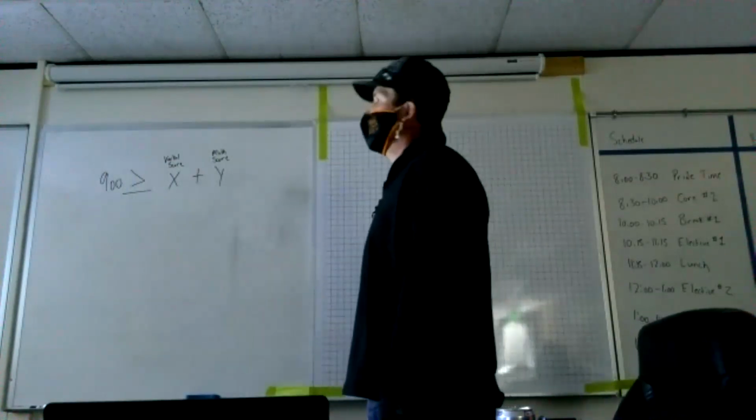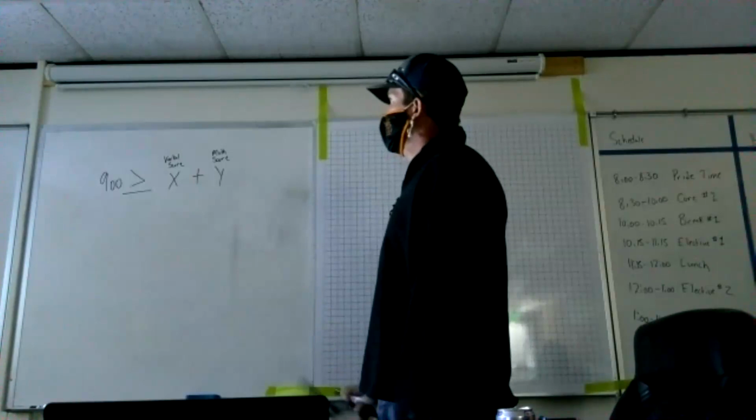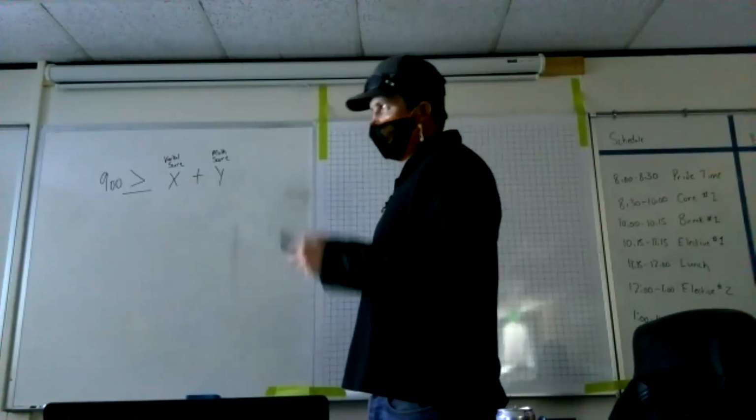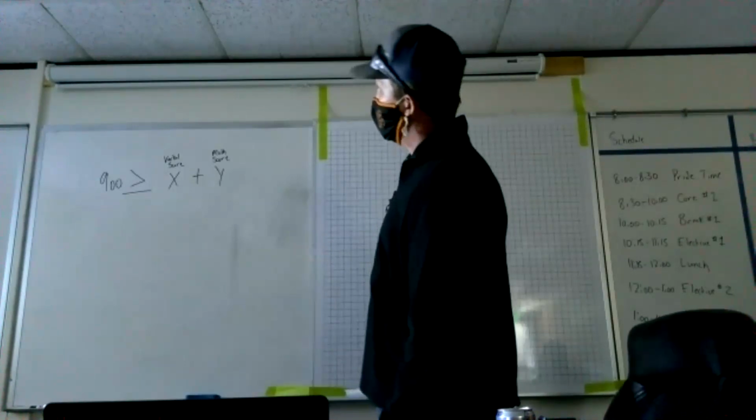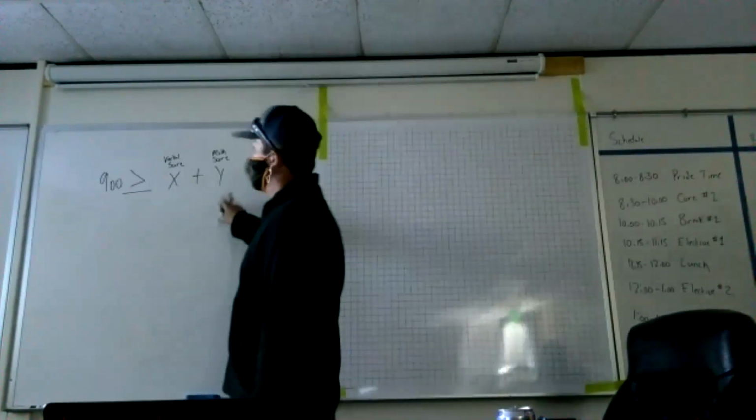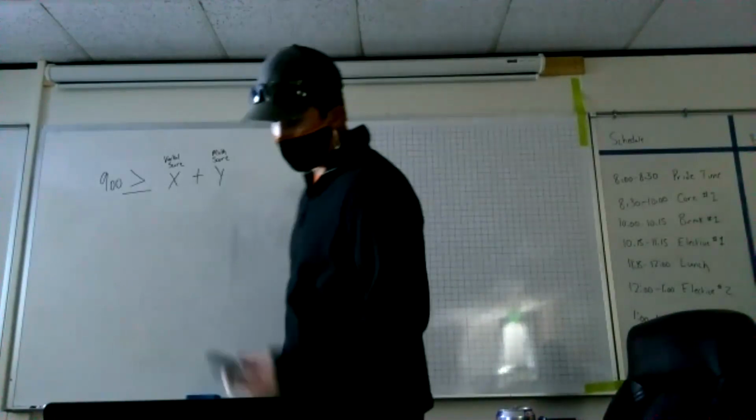That in itself is our inequality. Now we would just have to get it into a format where we would be able to graph that, and in order to do that, we would want to isolate the Y value to get it into slope-intercept form.